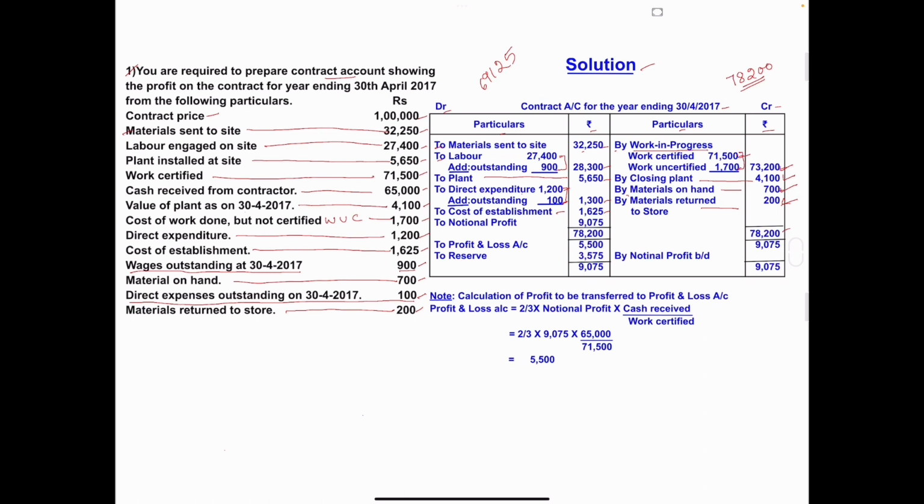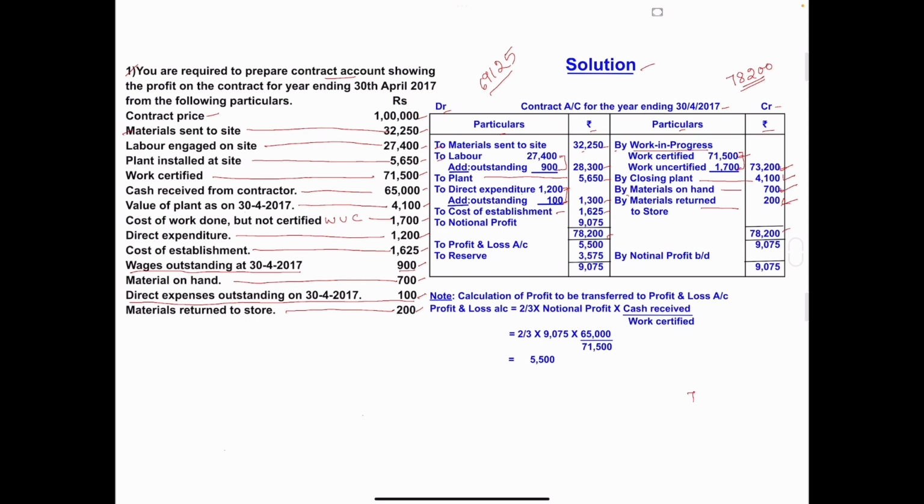The same amount we will write on the debit side, that is 78,200. And from this 78,200 minus 69,125, or minus these amounts 32,250, 28,300, 5,650, 1,300 and 1,625, you will get 9,075.